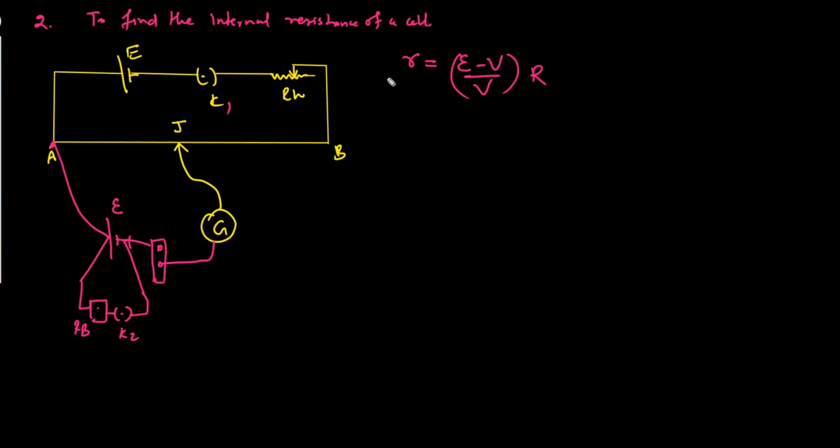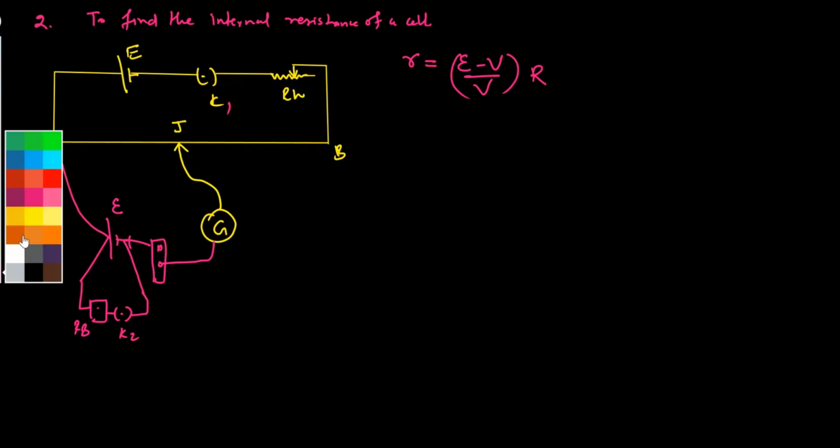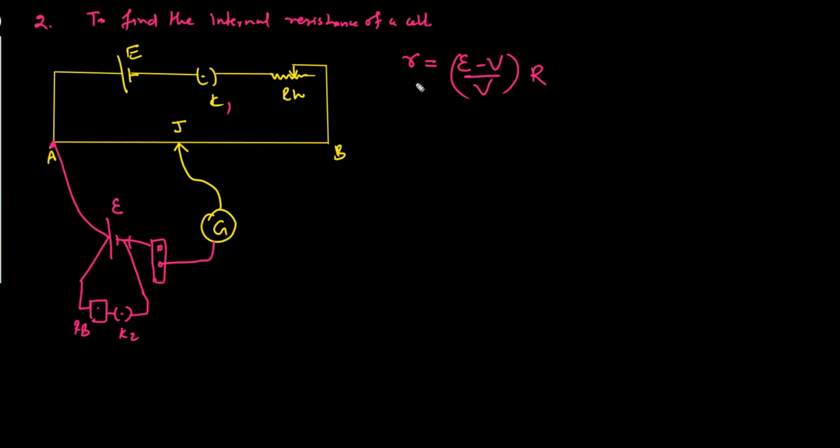Okay. So the internal resistance of a cell, simply we can write R equals (E minus V) upon V into R. This is the first equation. Now what we will do, we will keep the key K2 open.